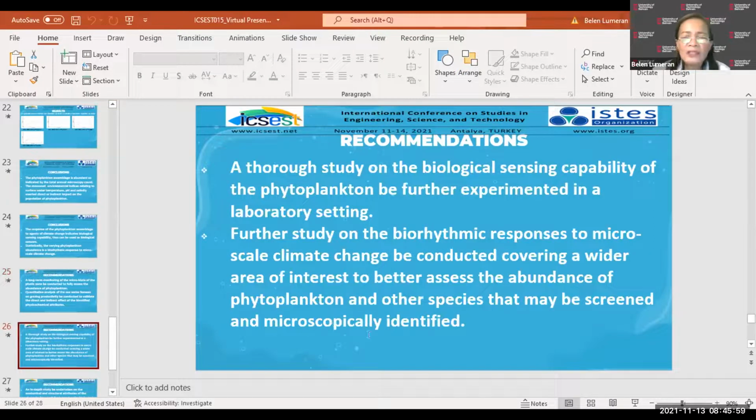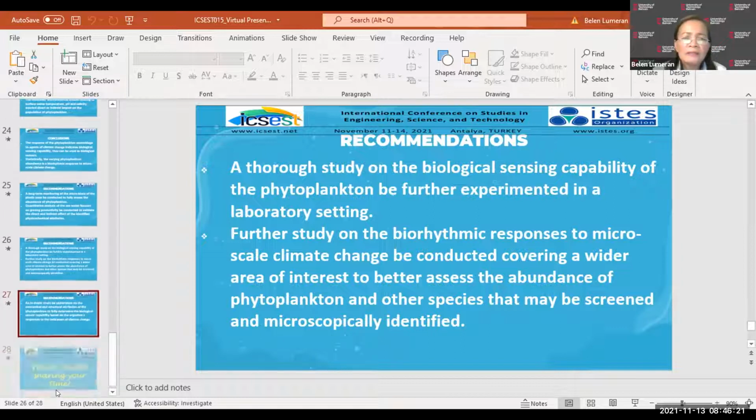A thorough study on the biological sensing capability of the phytoplankton should be further experimented on in a laboratory setting. Further study on the biorhythmic responses to microscale climate change should be conducted covering a wider area of interest to better assess the abundance of phytoplankton and other species that may be screened and microscopically identified.